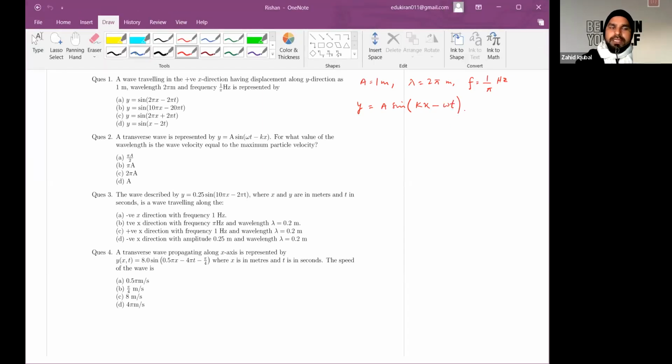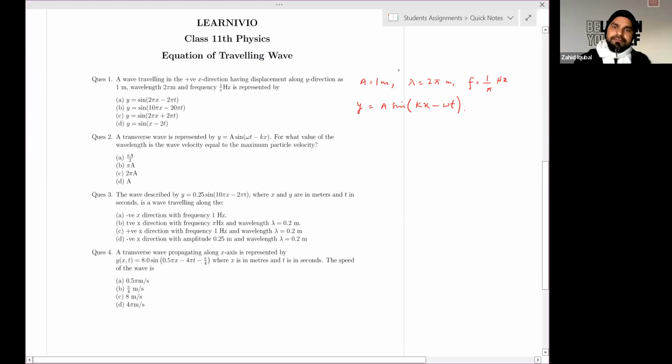How do we calculate k? k is equal to 2 pi by lambda. Similarly, to find omega, it will be 2 pi multiplied by f. Just put in their values and try to simplify this equation. All of you try to solve.